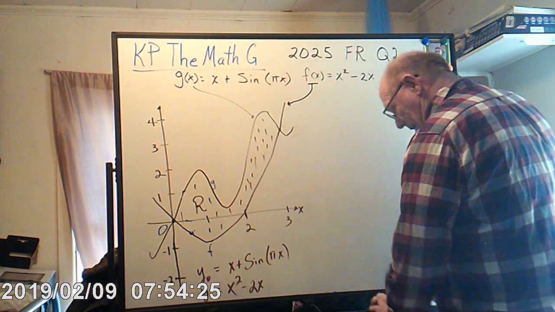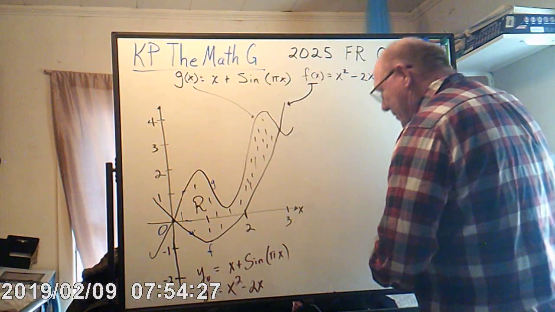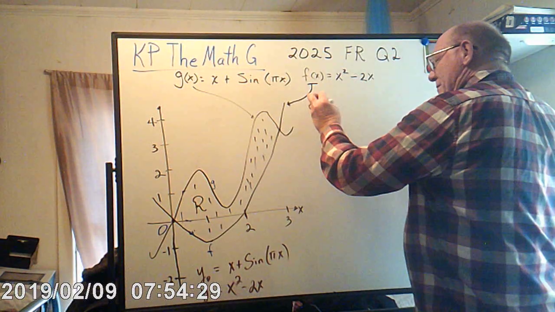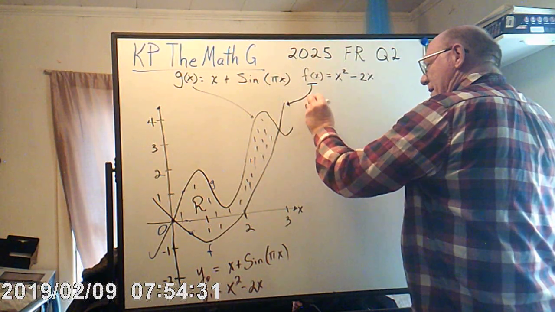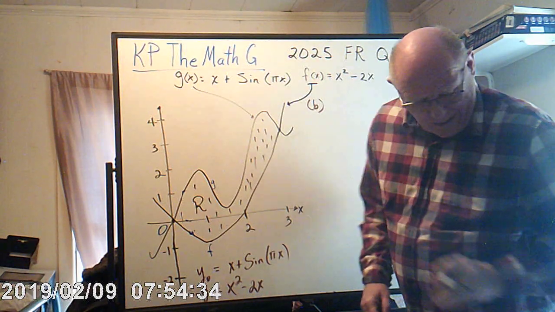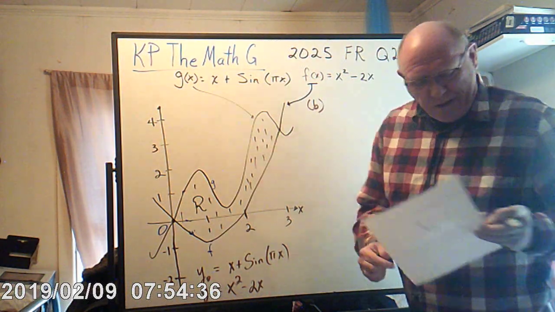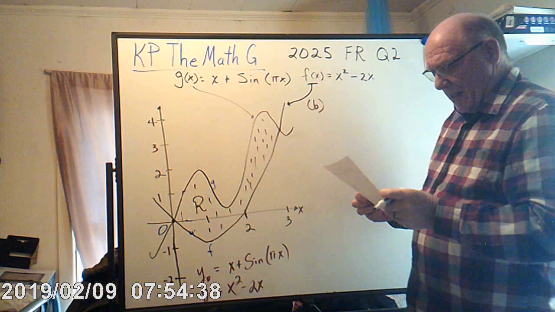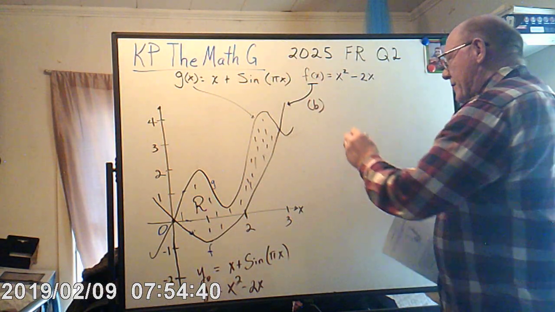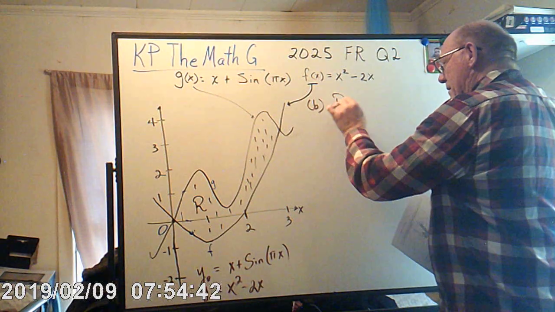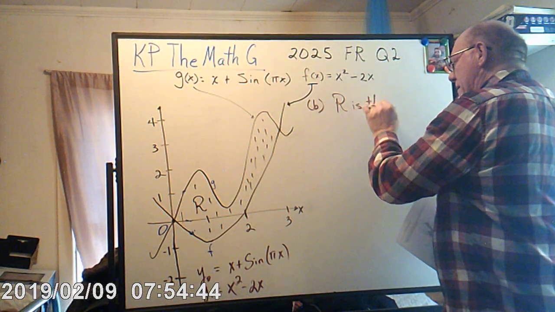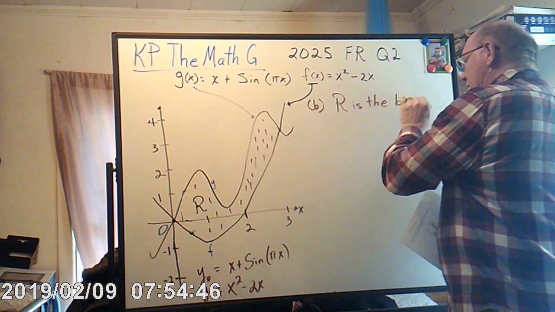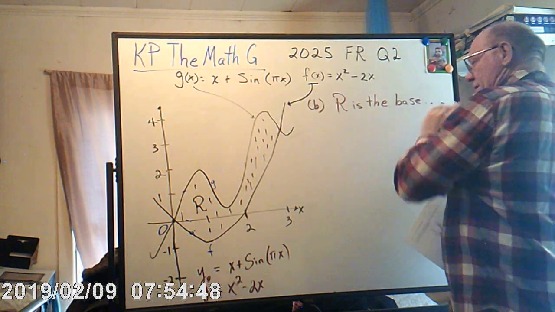I have limited room, so I just have to erase and write down the next problem. Okay, so B is, what does it say? Region R is the base of a solid. I'm just going to write base of this solid.